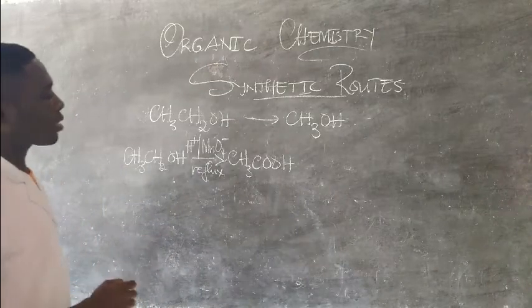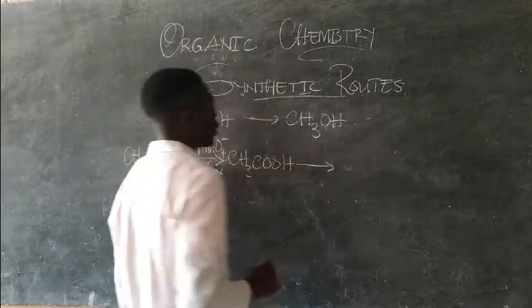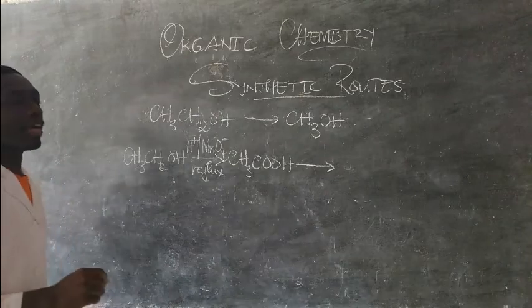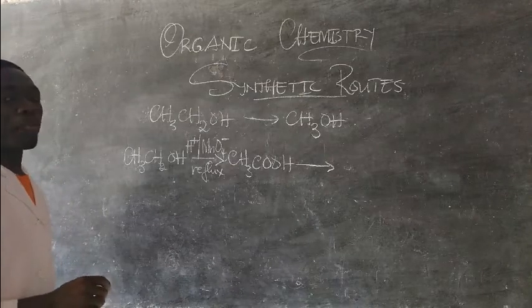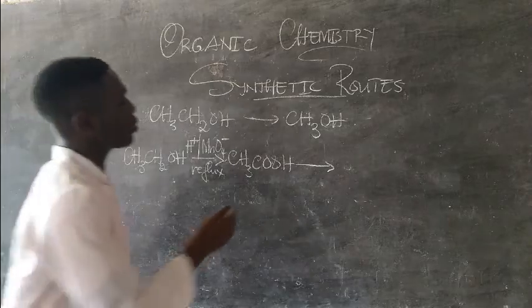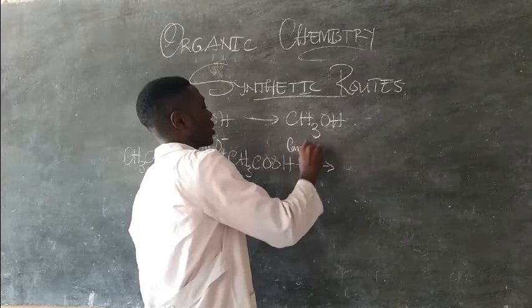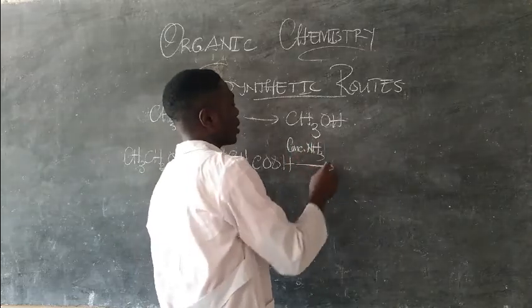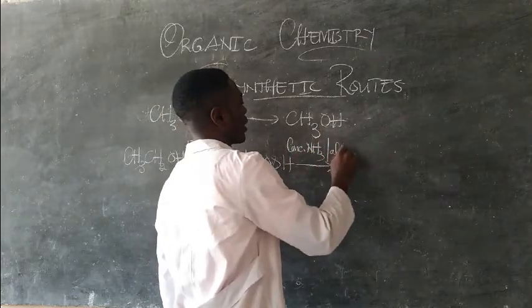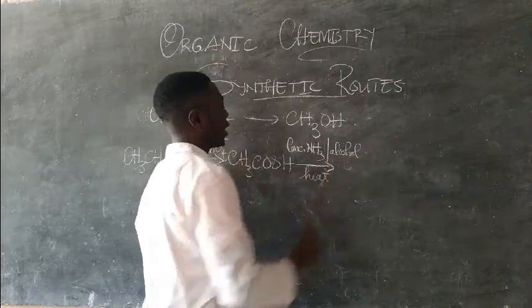And when I obtain my carboxylic acid, I can use concentrated ammonia. Now you can still use ammonium carbonate, but there are going to be some impurities in the compound, and it's not going to be good. So it's preferable to use concentrated ammonia in alcohol, which can be ethanol, possibly, under heat.